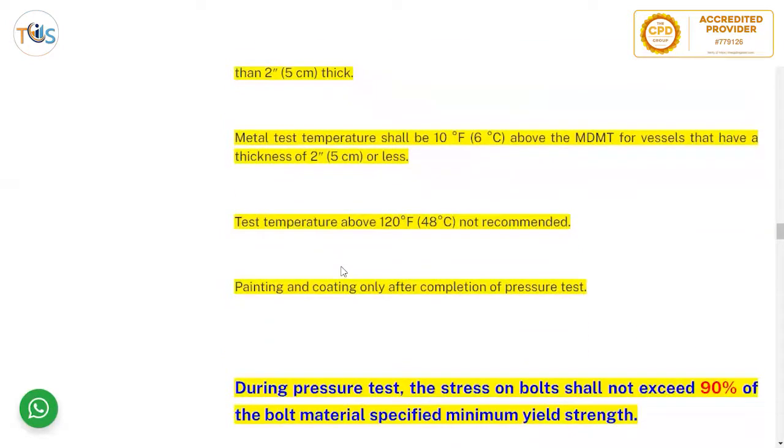To avoid brittle fracture, to be safe, a test temperature above 120 degrees Fahrenheit is not recommended. Generally, metals up to 200 degrees Fahrenheit don't face any loss in strength, but above that they might, depending on the material. So to be safe, they say don't hydro test above 120 degrees Fahrenheit.